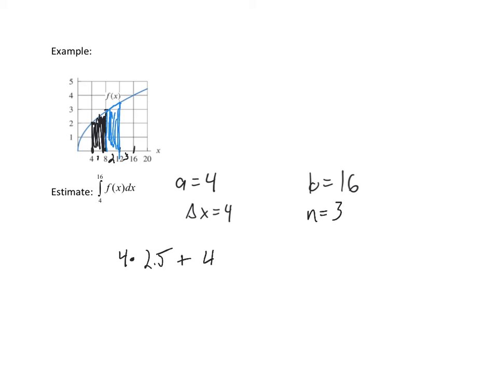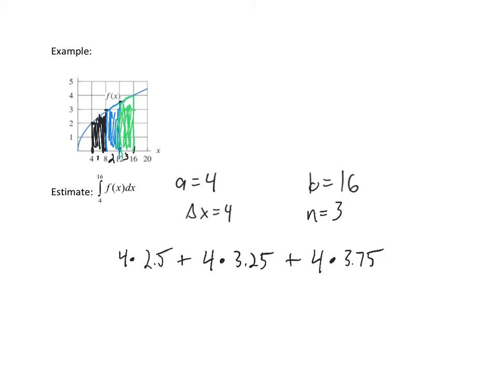Again, we've got a width of 4. Now the height of that's somewhere between 3 and 3.5, so I'm going to guess about 3.25. And then we need to guess this area here. Again, the width of that is about 4. And now I'm looking at something between 3.5 and 4. So I'm going to guess about 3.75.